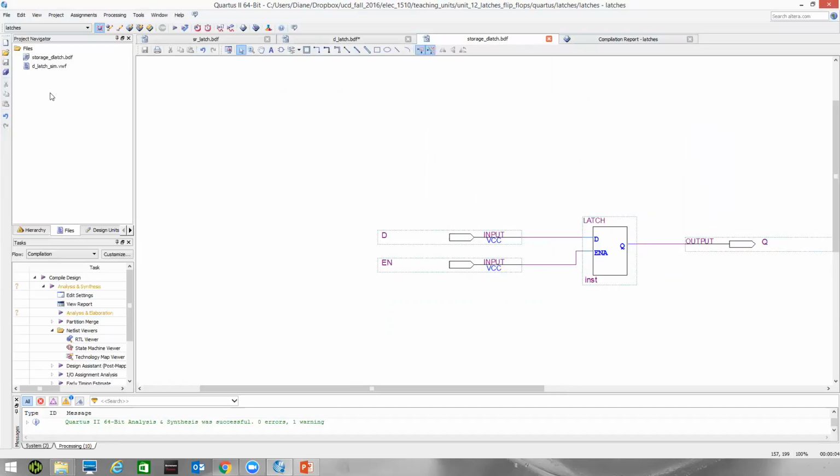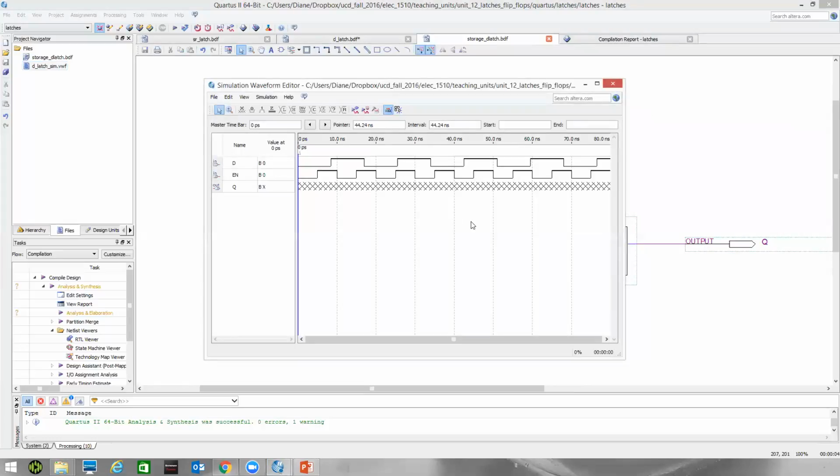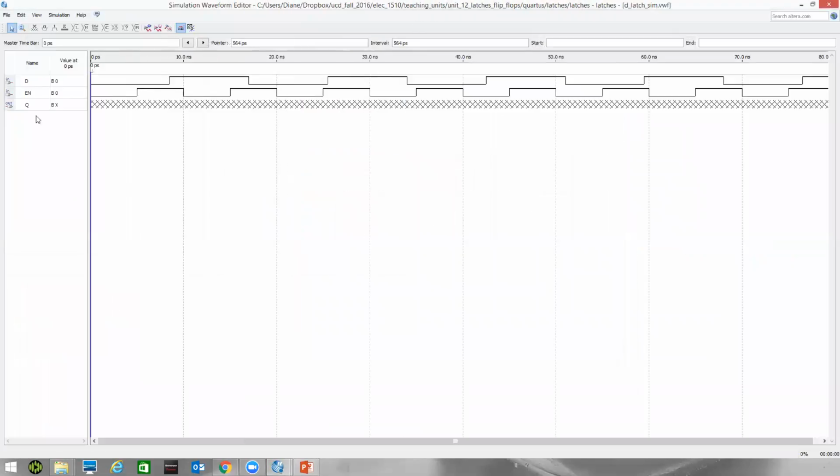I'm going to go ahead and create a simulation of this. Let me open this up. I set it for 80 nanoseconds. I've got my input D and my input enable. The clock period I used for enable happened to be 10 nanoseconds. I believe I was using 15 or maybe 17 for D. I'm trying to avoid having D transition at the same time as my clock edge does.